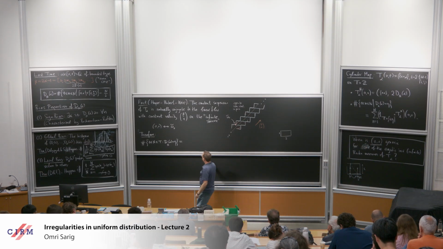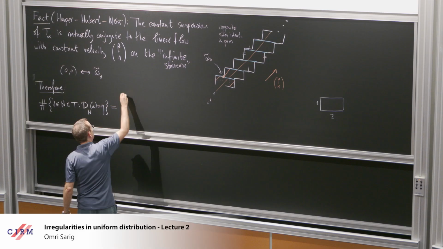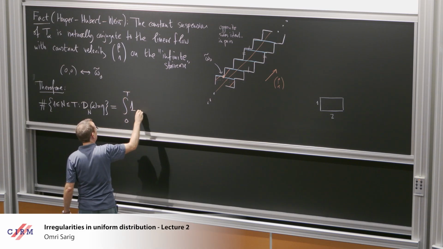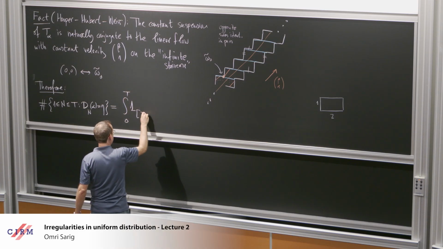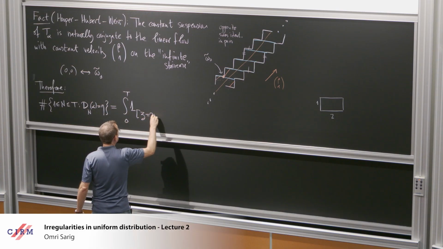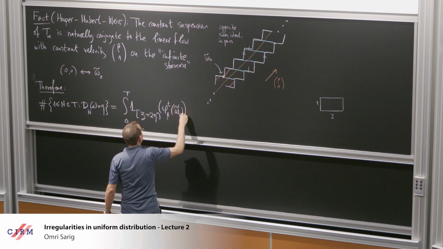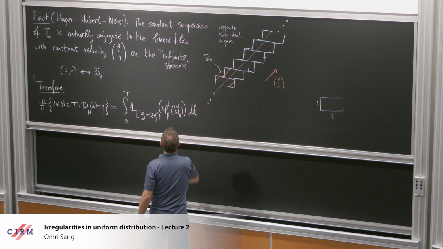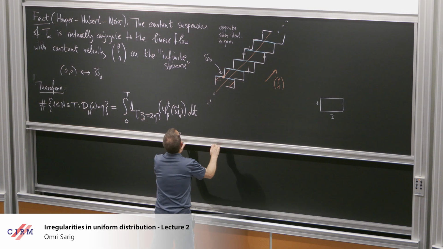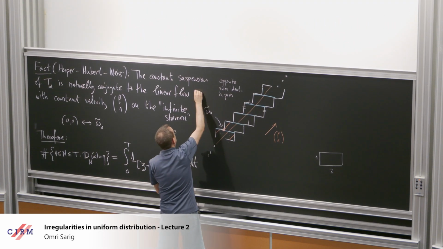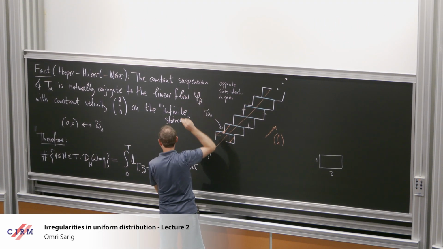So this is going to be, okay, now I'm going to use a notation and I will explain it. Okay, so the phi beta, that's my notation for the linear flow.